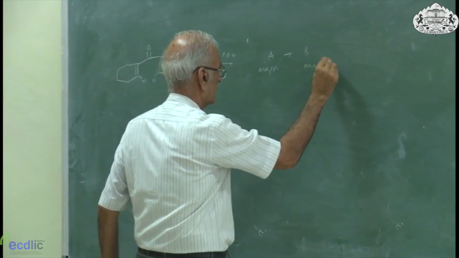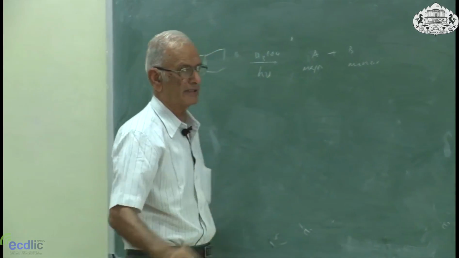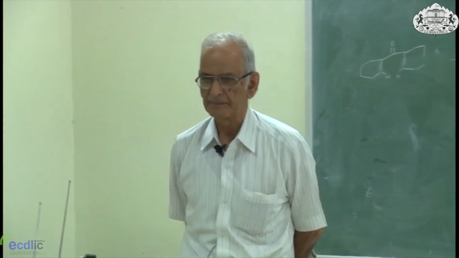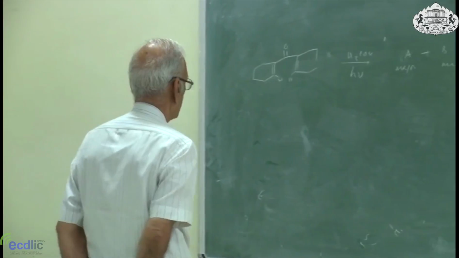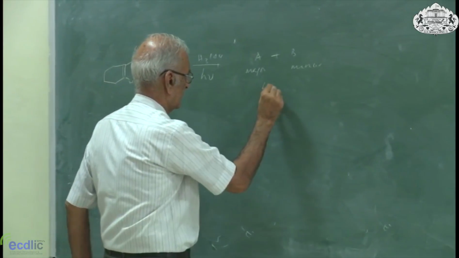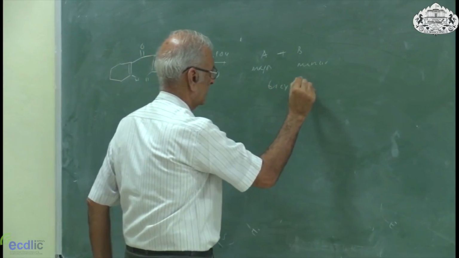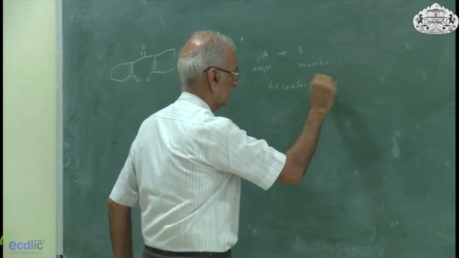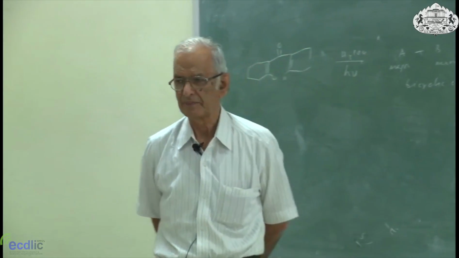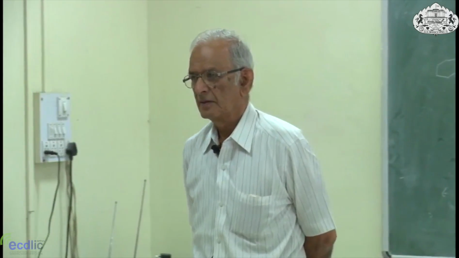You get two products, A is major, B is minor. Both are tricyclic enones. All right. Your starting material is bicyclic with 3 double bonds, product is tricyclic with 2 double bonds. Therefore, it is an electrocyclic ring forming reaction.